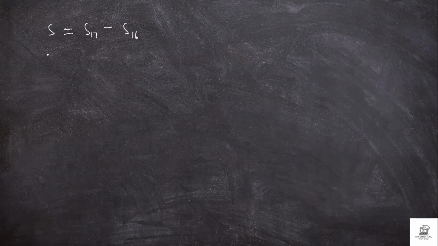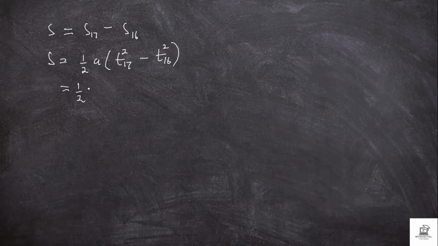From the formula we just got, s will be equal to half a into bracket t17 squared minus t16 squared. Is that correct? So that will be equal to 1 over 2 multiplied by 25 into 17 squared minus 16 squared.